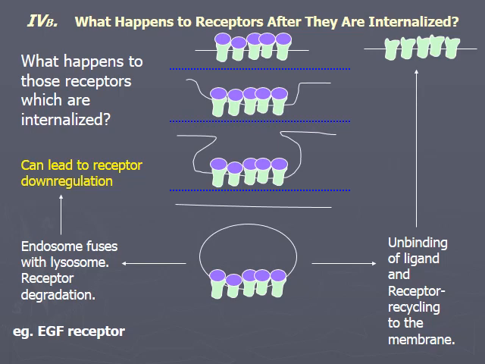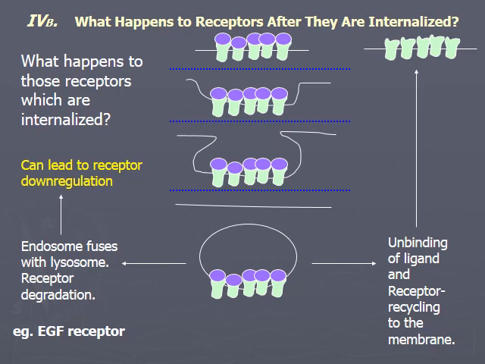So if the receptors are being degraded, what do you think has to happen to make new ones? We have to have new transcription, right? We need the genes for those receptors to get transcribed, translated. We need those proteins to get inserted back into the membrane. Do you think that's rapid, or is that long in molecular time?